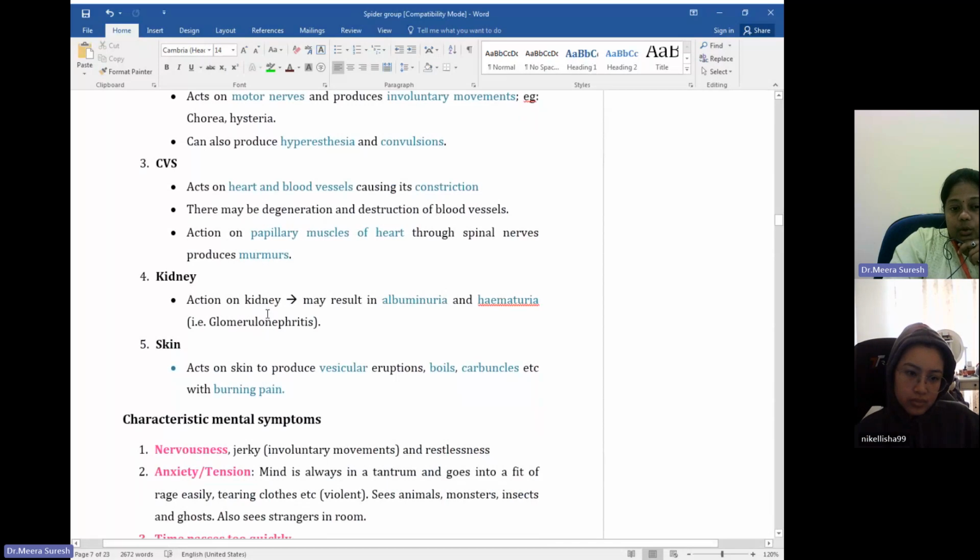But this is more or less they have kept as a common feature. But when we take the individual remedy, we don't get any individual remedy specifically acting on kidney. But we do have some medicine that is suited for gonorrhea.